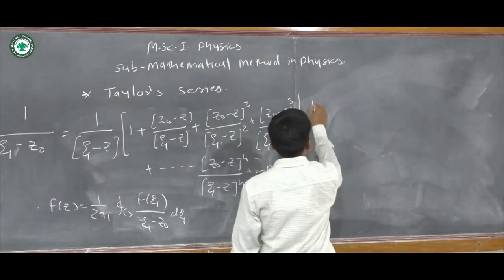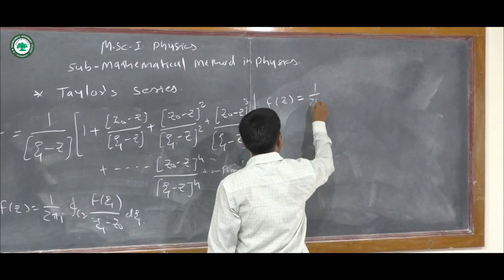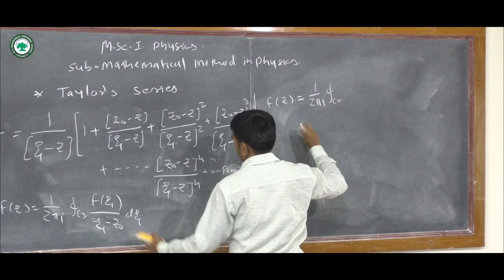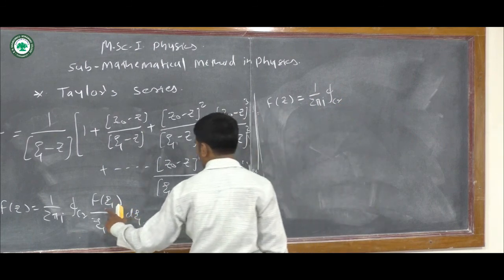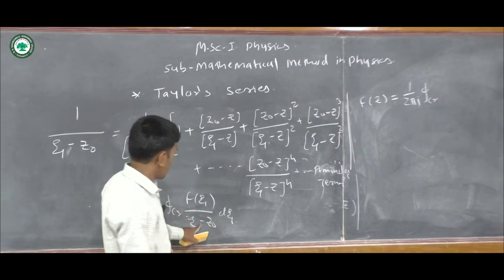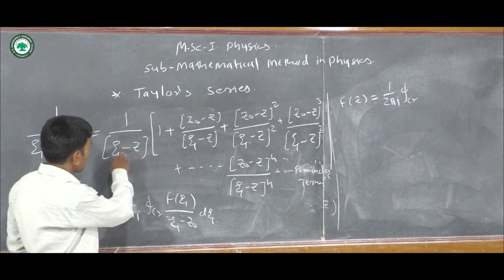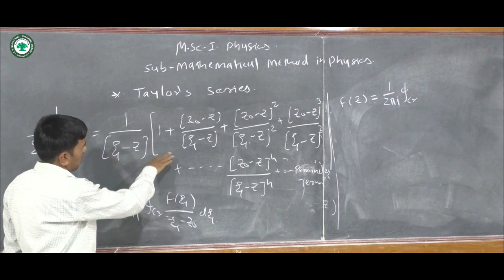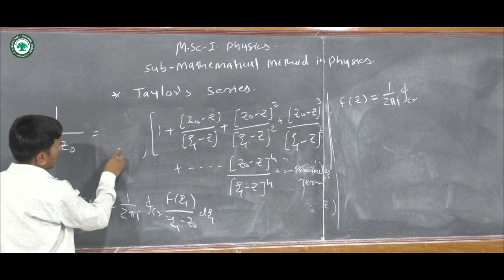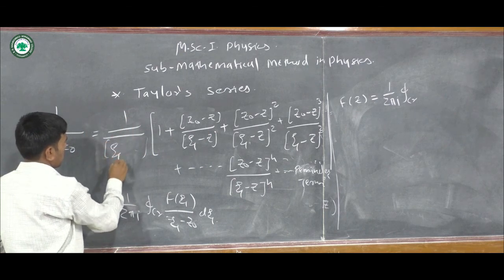Okay. Now f of z is equal to 1 by 2 pi i closed integral over CR, f of psi1 as it is, divided by psi minus z naught. See, these things I have substituted here. Before that I multiply all brackets by psi minus z naught, so this is 1 by psi minus z.